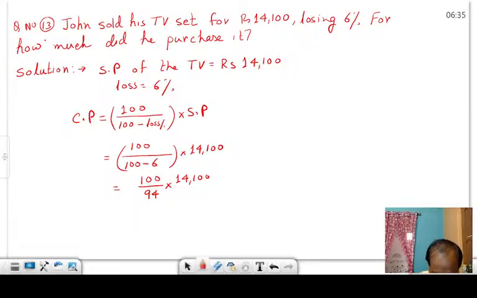Now I'll divide this number, 14,100, by the number 94.